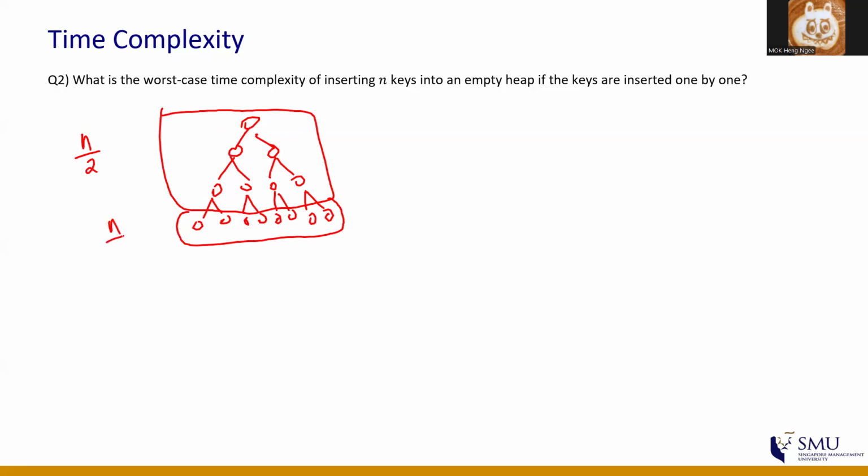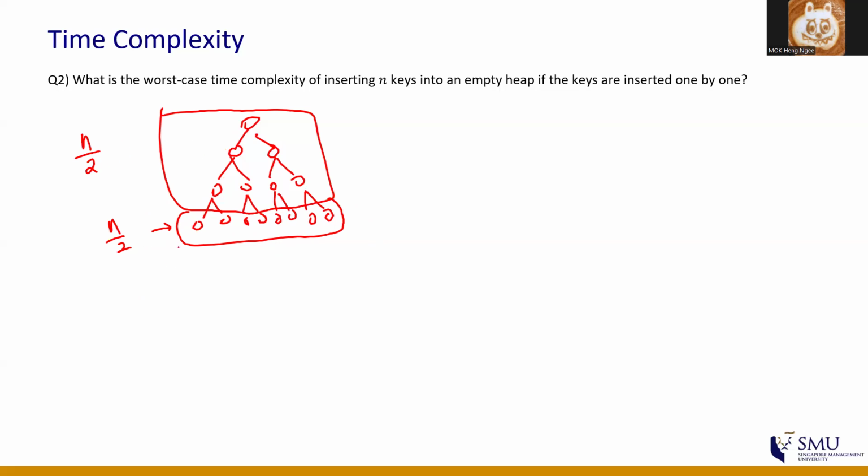Now, about half n nodes, or maybe fewer, depending on how many gaps there are on the lowest level, will come from the lowest level. In the worst case, let's assume that the last level is filled and there are no gaps at all. So in the worst case, I need to actually insert all the nodes into the CBT so that there are no more gaps, even at the last level.